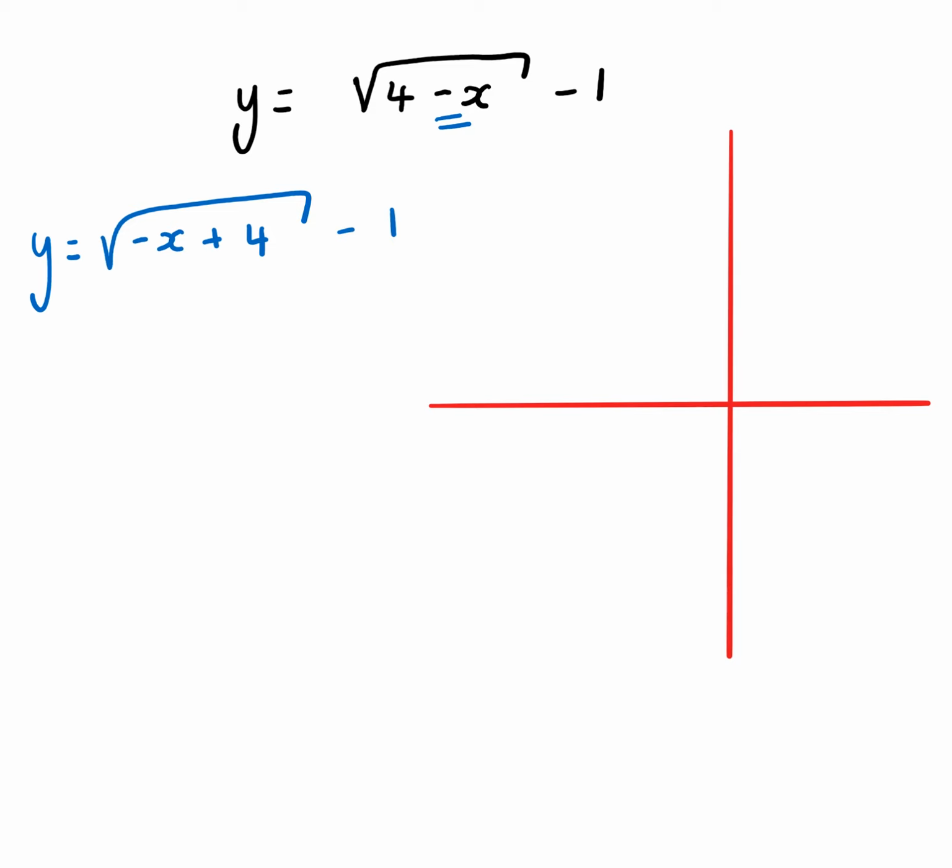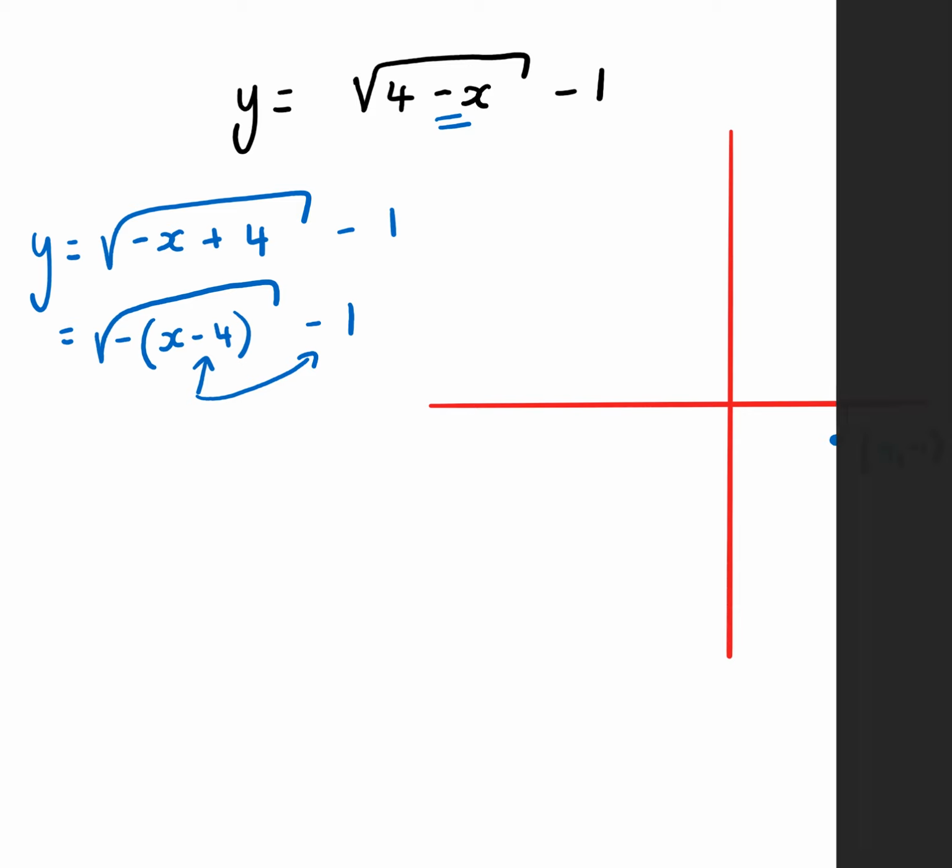Well, I want to take that out as a common factor. So this is now the square root of negative (x minus 4), minus 1. So I'm hoping you can now see that my endpoint is x equals positive 4 and y equals negative 1. So that's the endpoint of this graph.